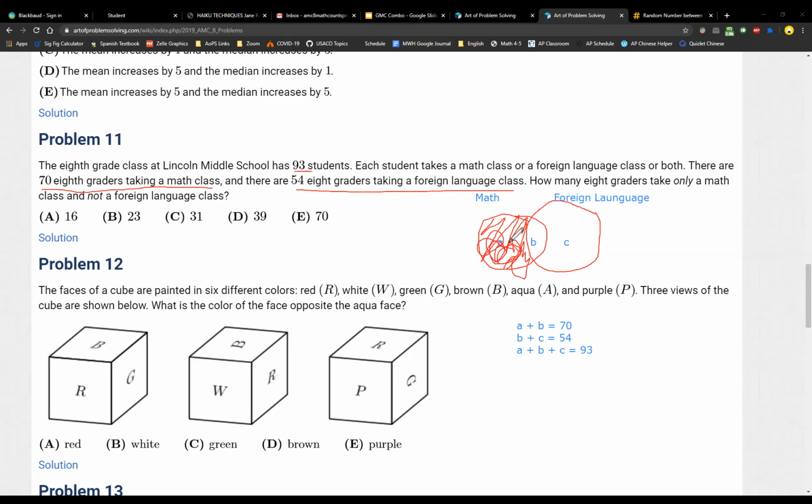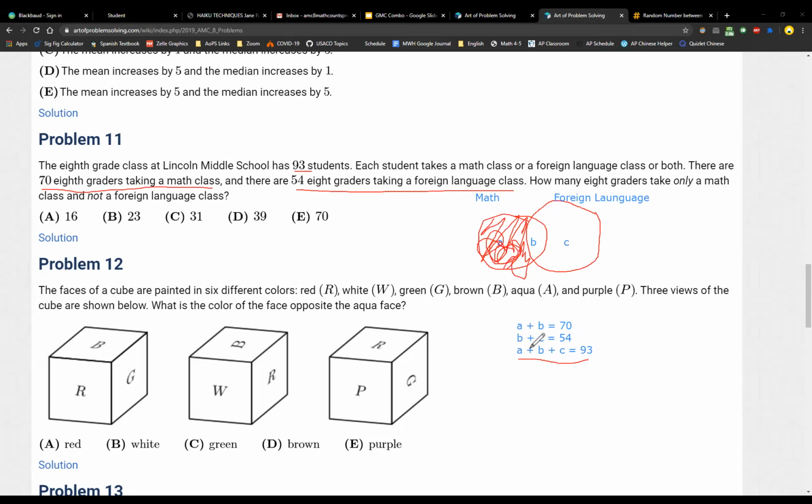Okay, actually, now that I think about it, these letters in these equations are completely useless because you know the overall thing is 93. Wait, did I mess up? Wait, no, I didn't. Never mind. Okay, so there's 93 total, and then in B plus C, there's 54.